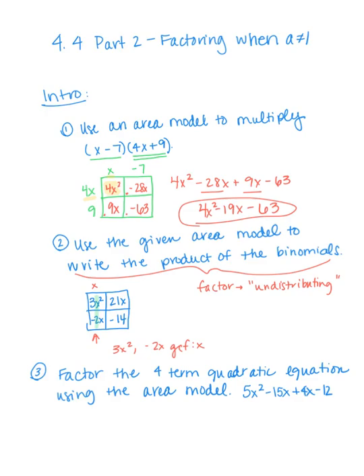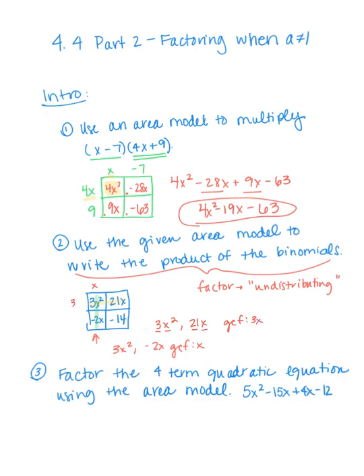If we were to do this row, if we're going to look for the GCF of the top row, we've got 3x squared and 21x. So if we're going to do the GCF of 3x squared and 21x, the GCF here is, well, 3 goes into both 3 and 21, and we can take an x out of each one of these, so it's a 3x.